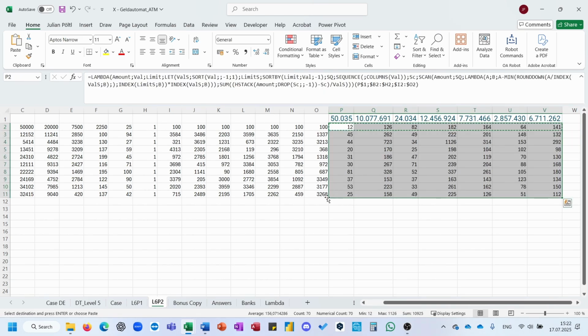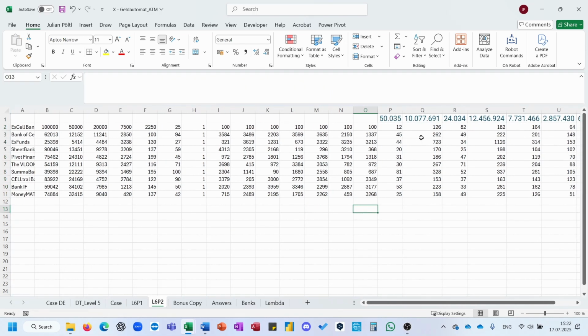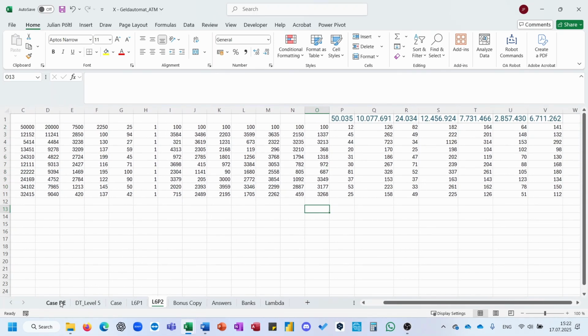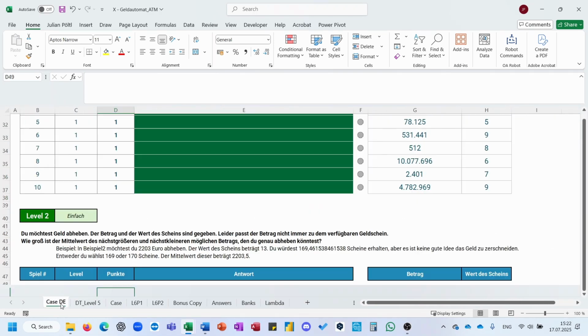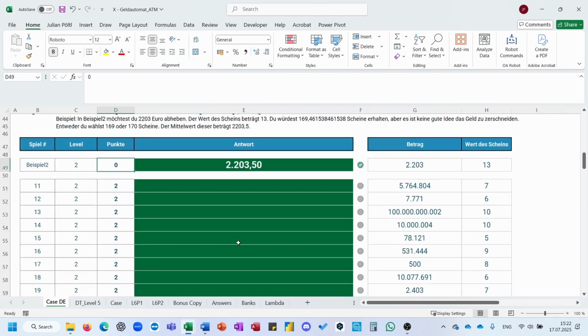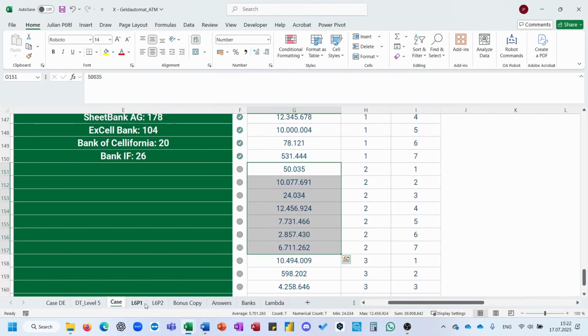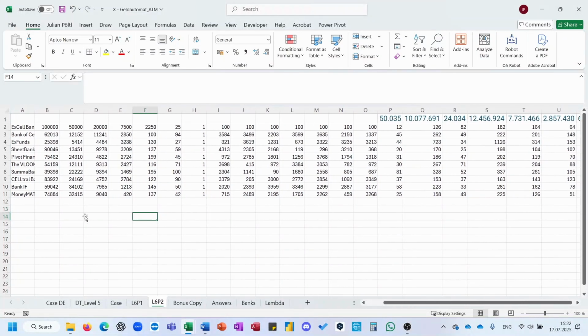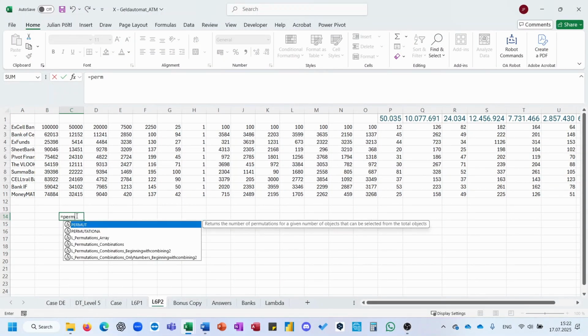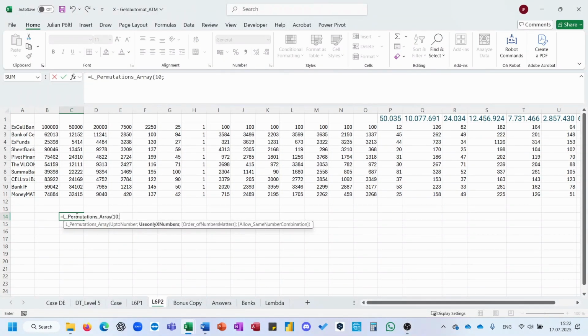Okay. Now we need to think that we have now not lost a value due to the example. So we need to calculate 7 numbers. So I need my larger permutation, or the same lambda, but instead of using 6 numbers, I'm using 7 numbers.